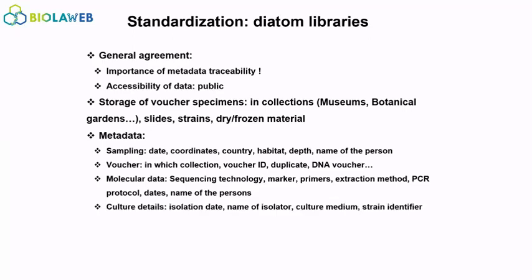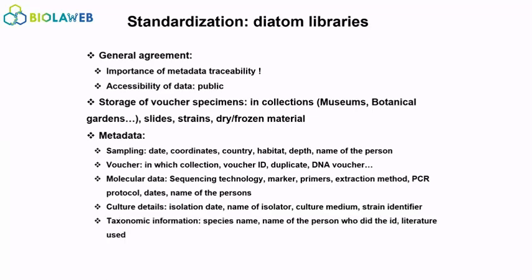Also, if it's coming from a culture, the culture details like the isolation date, the name of the isolator, maybe the culture medium, the strain identifier. And when you put a name for a culture or a sequence, of course, give the species name or let's say a taxonomic name.